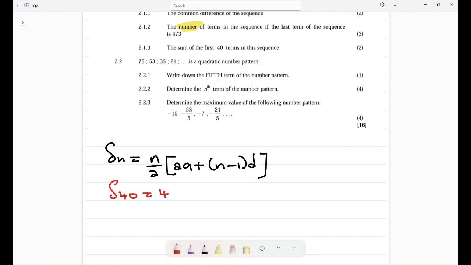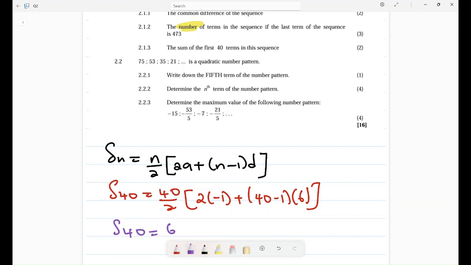So we're going to say 40 divided by 2, times (2a, where a is negative 1, plus (40 minus 1) times the difference, which is 6). Then the answer here for S40 is 46440, if I'm correct. If it's not, please correct that using your calculator. This is the answer for 2.1.3.